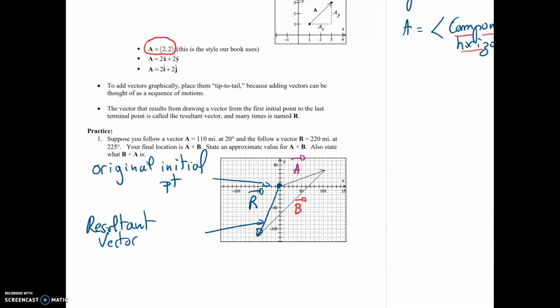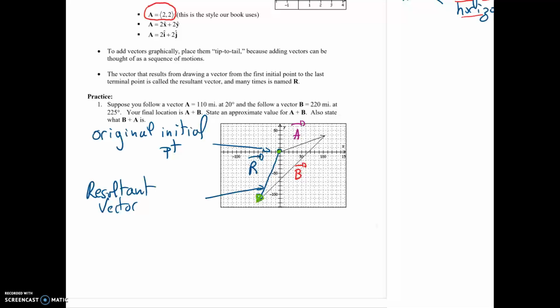I have finally A plus B, and A plus B is defined by the resultant vector, defined by an initial point, and it's coming from here and it's going down up to there, right there.